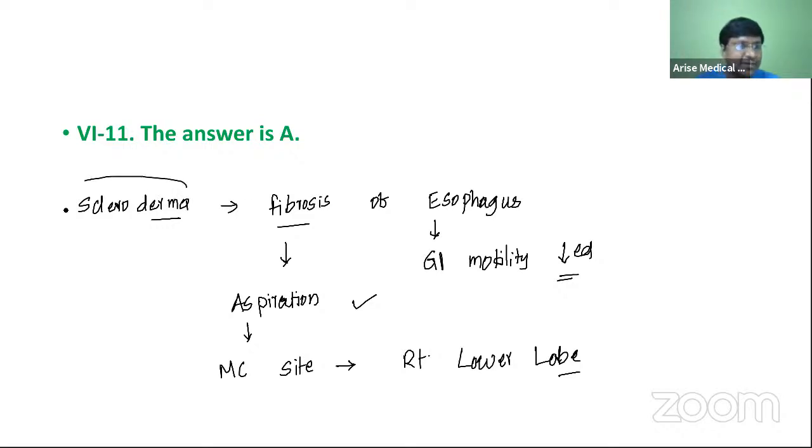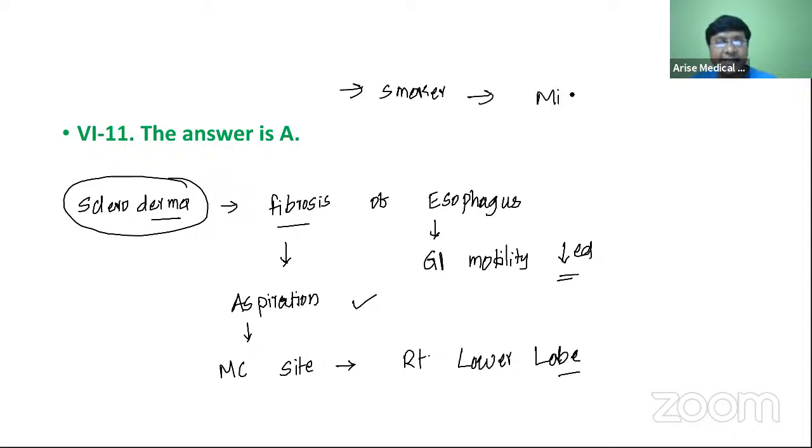And why is this aspiration very common? Because the individual is having scleroderma. Second point, the individual is also a chronic smoker. So there is a very high chance of malignancy in the right lower lobe.